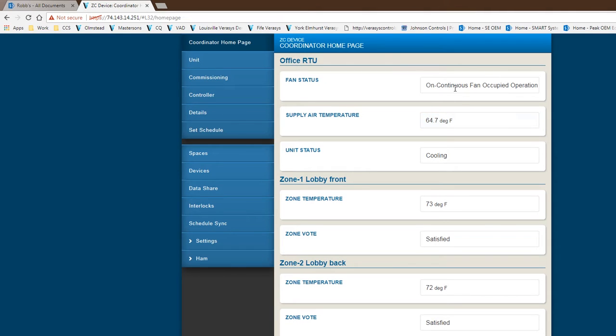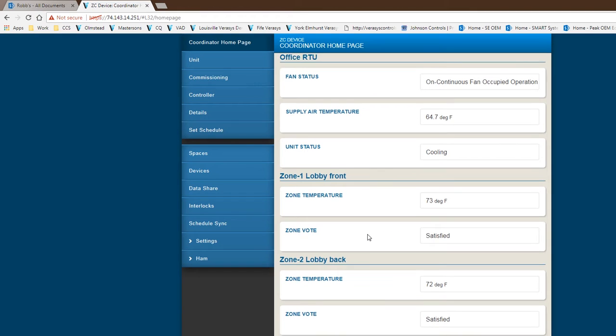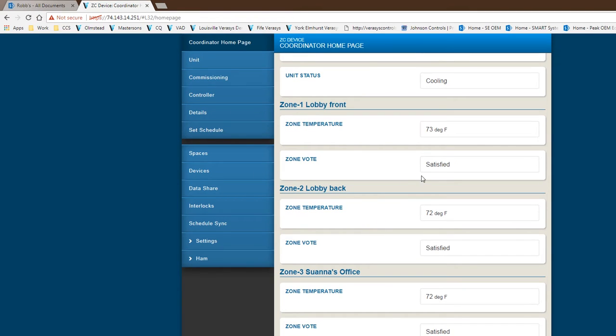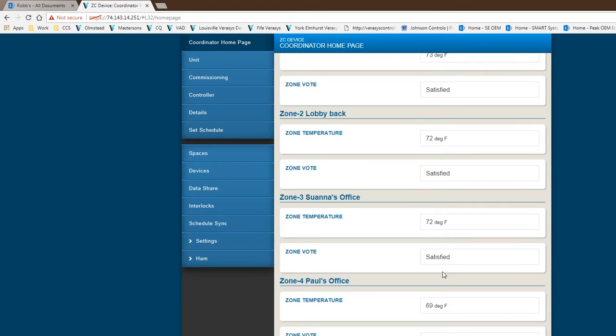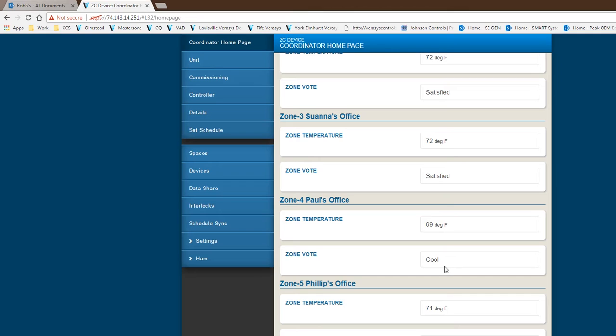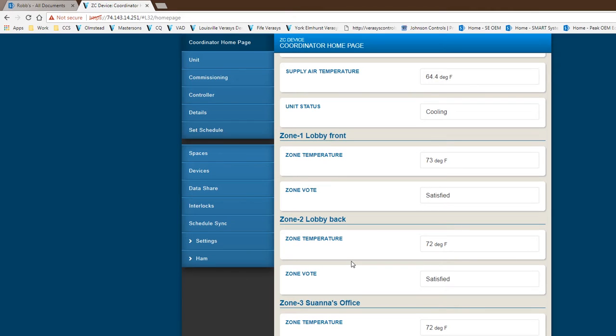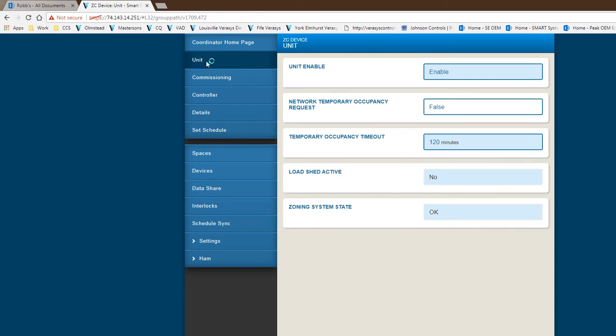It's running continuous during the occupied period, supply is 64, and unit status is cooling. Right now you can see satisfied, satisfied, satisfied. I do have one zone that is asking for cooling, and the rest of them are satisfied. That's what you would see from the highest level. If I go to the next selection, this is the unit.